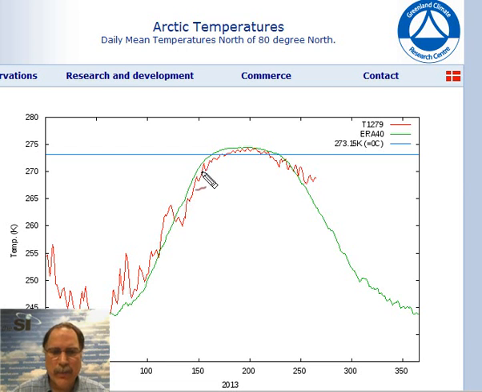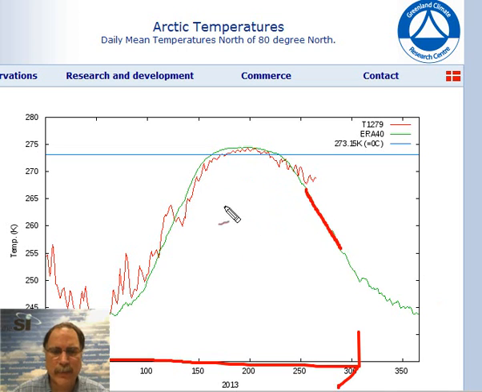And notice here, the red indicates the actual temperatures going across each day of the year. This is 2013 on a daily basis on the x-axis. So the red represents the actual daily mean temperatures in and around the North Pole, compared to the green, which represents the climatological mean going back several decades.